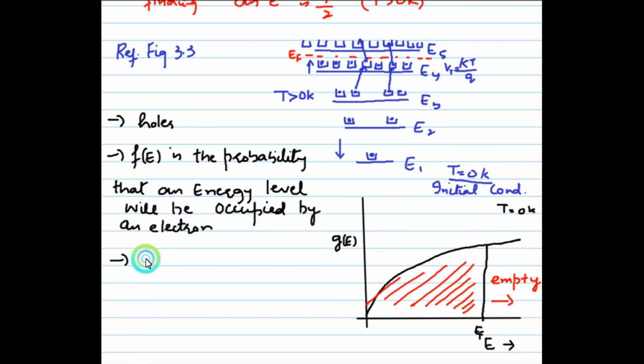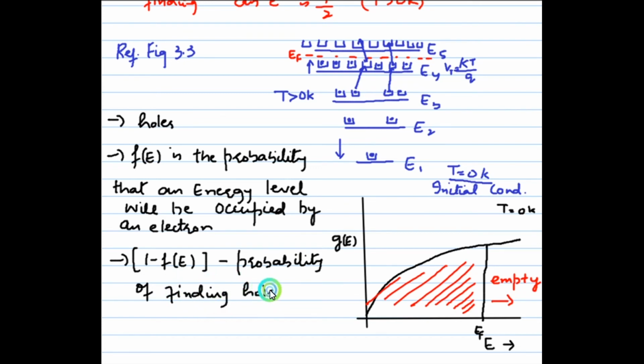then 1 minus f of E will give us the probability of finding a hole.